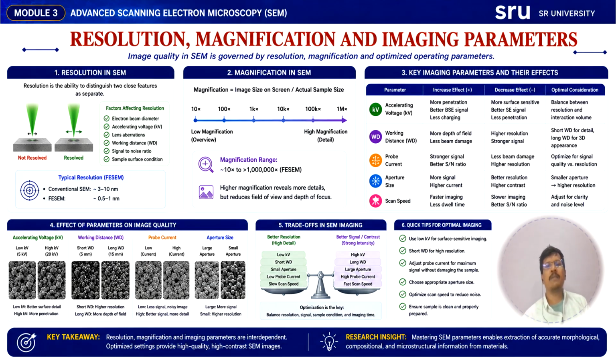Another important parameter is the aperture size. A smaller aperture improves the resolution but reduces the signal intensity, whereas a large aperture increases the signal strength at the expense of resolution.